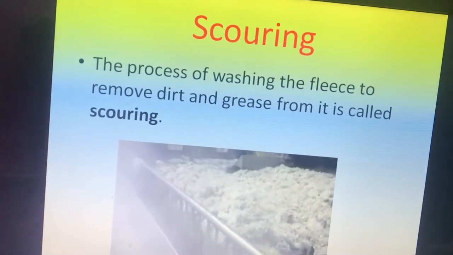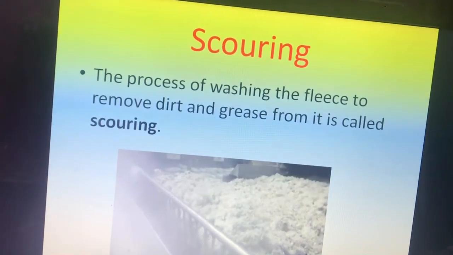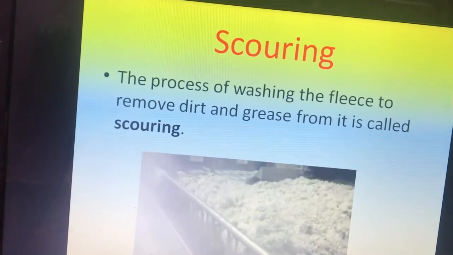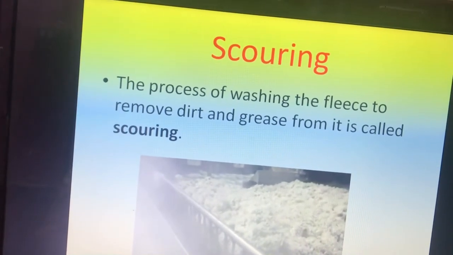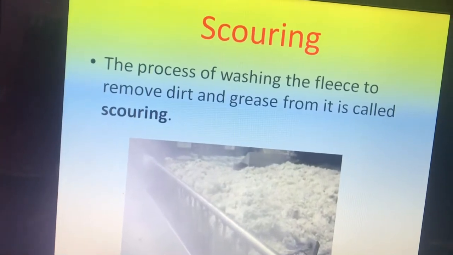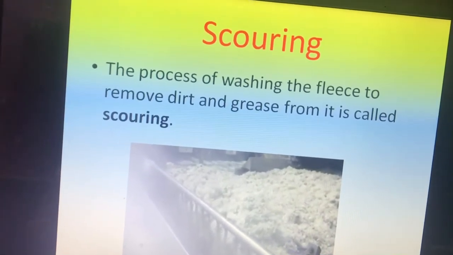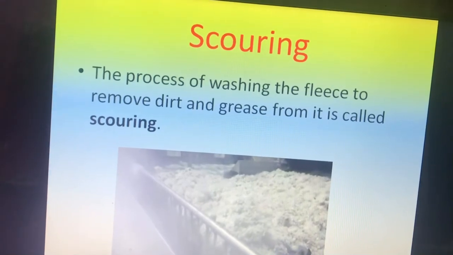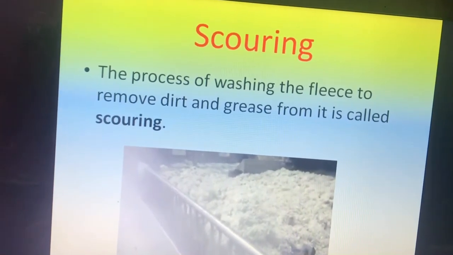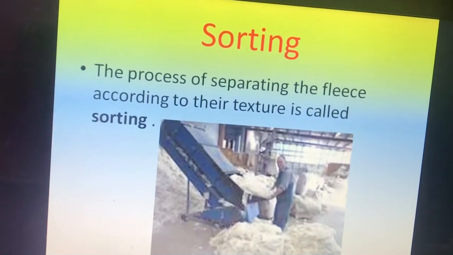And now the next process is scouring. In scouring, the fleece which contains a lot of grease and dirt is removed by washing the fleece with suitable detergent, and it is cleaned for further processing.